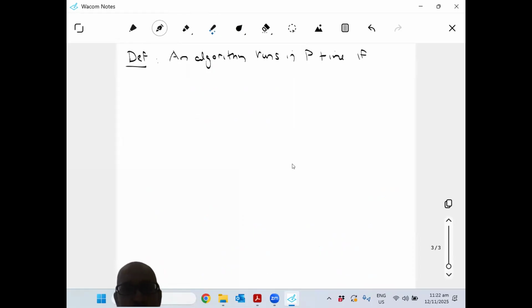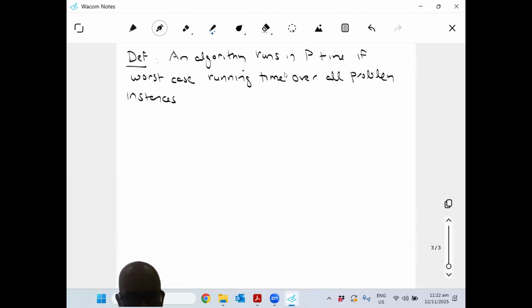If the worst case running time over all problem instances of size n is polynomial in n. Let's denote this running time by T of n.